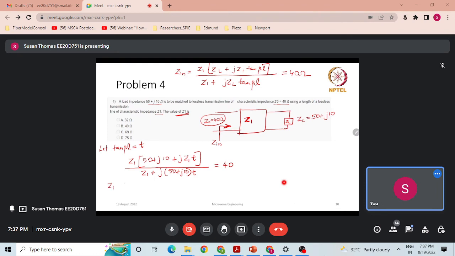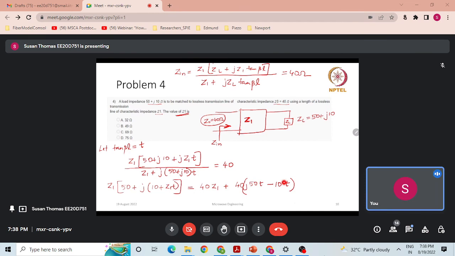Z1 into 50 plus j terms, I can just join it, 10 plus Z1 T, which is equal to 40 Z1 plus 40 j 50 T, j into j becomes minus 1, minus 10 T. And this 40 will be common here. Okay.